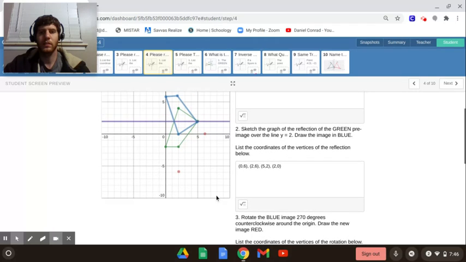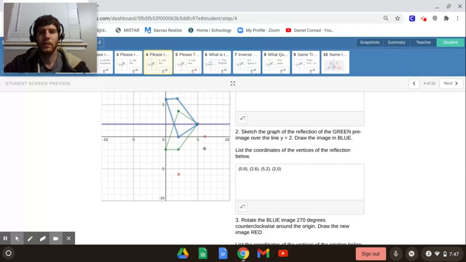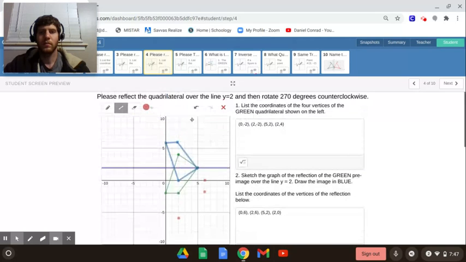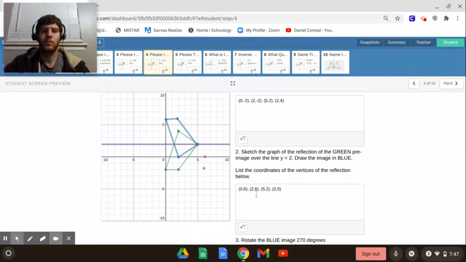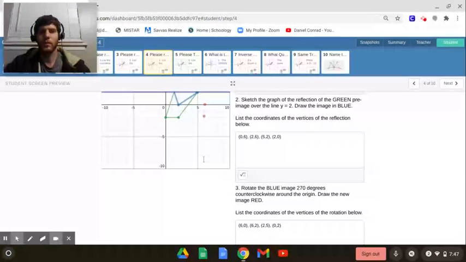I'm sorry, 2, 6 was the original. So we switch the 2 and the 6. It becomes 6, 2. And then we want positive, negative. So positive 6, negative 2.